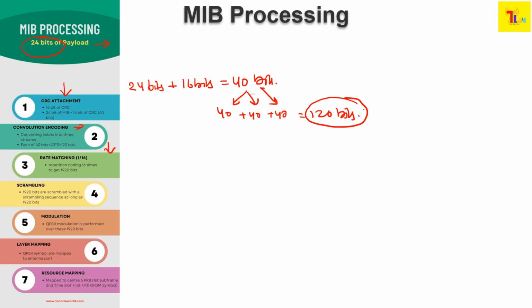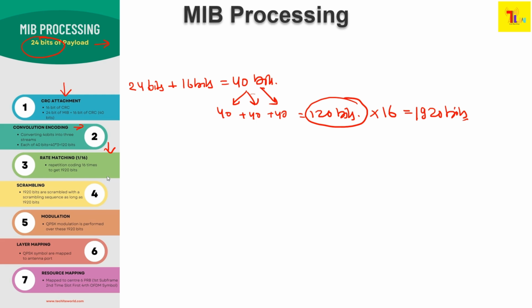Here we are matching the rate with 16 times, so it will repeat the code 16 times. If we go with the counting, 120 bits into 16 will come as 1920 bits. So now after rate matching, which is going to use your turbo coding and all, it will create, as in the previous one, the three outputs which I was discussing about the convolution encoding.